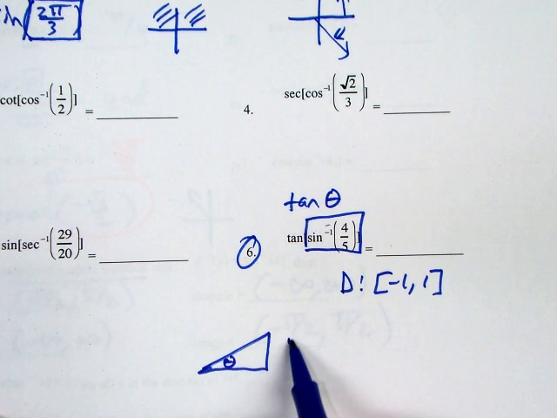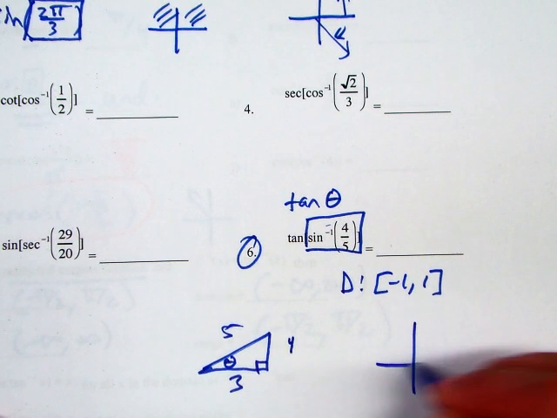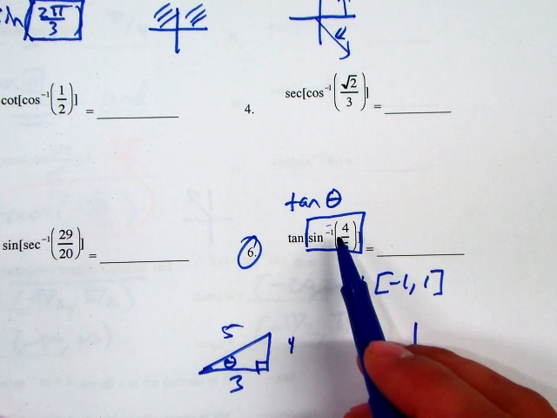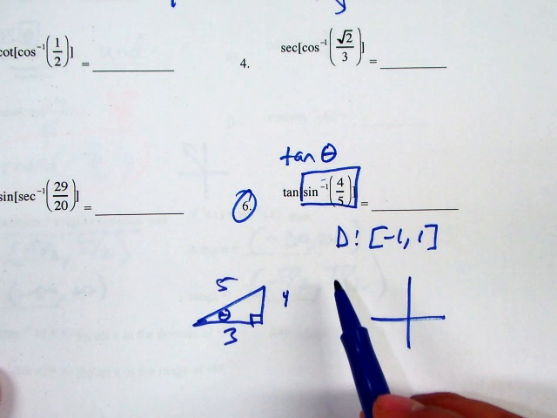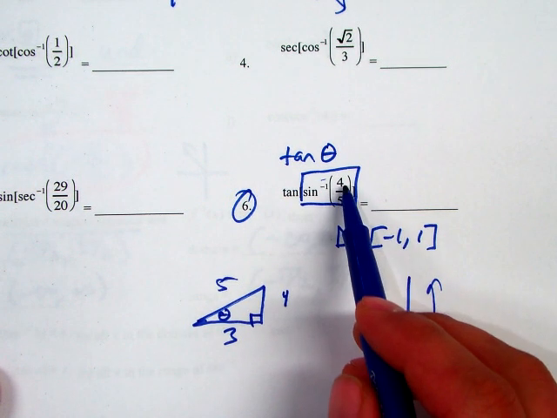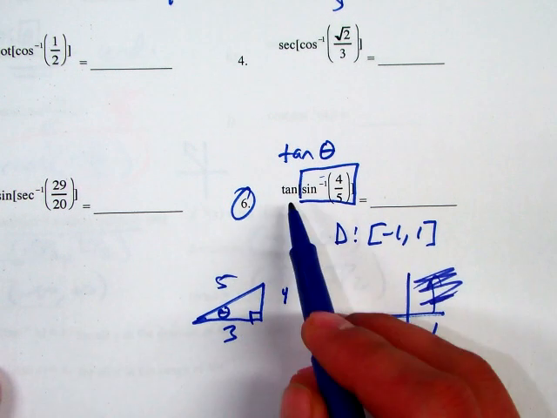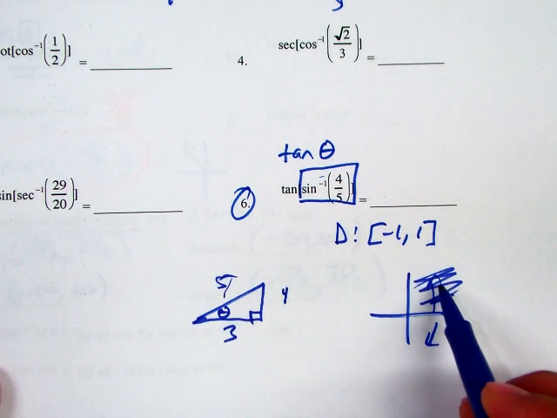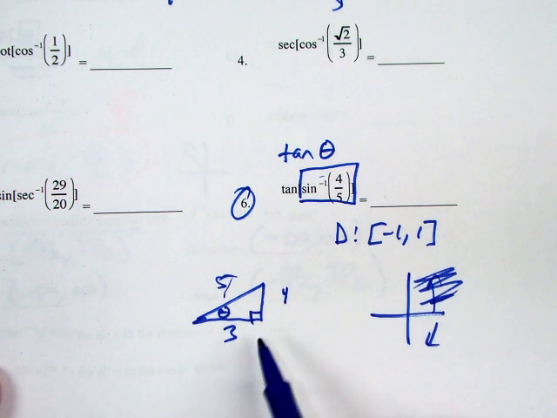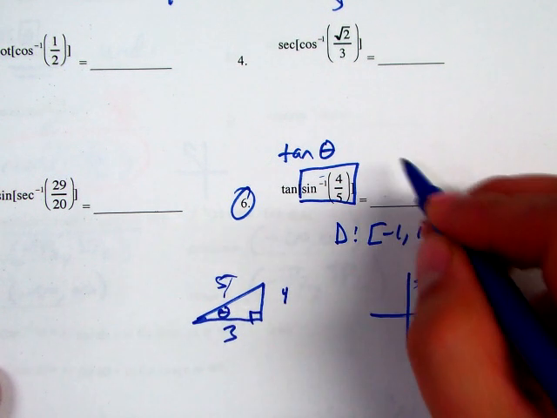So you label a triangle, and you can quickly see that it's the 3, 4, 5 right triangle. Okay? And since this is inverse sine, we're talking about angles specifically in the first or fourth quadrants. Sine is positive, so we know we're looking in the first quadrant. If I do the tangent of this angle in the first quadrant, everything is good to go. And now we just use this reference triangle. The tangent of theta is just opposite over adjacent, so 4/3.